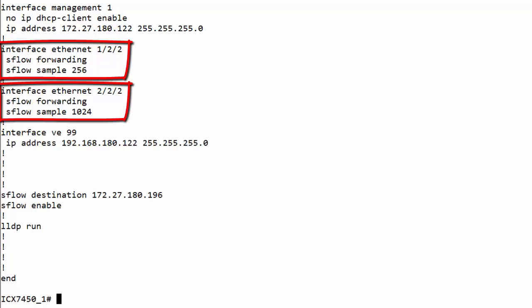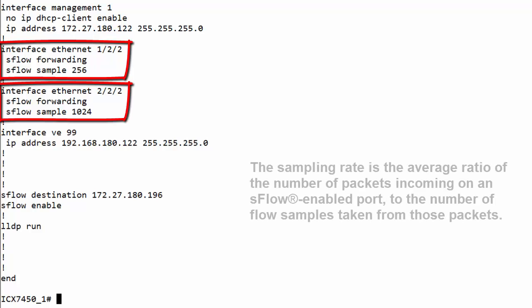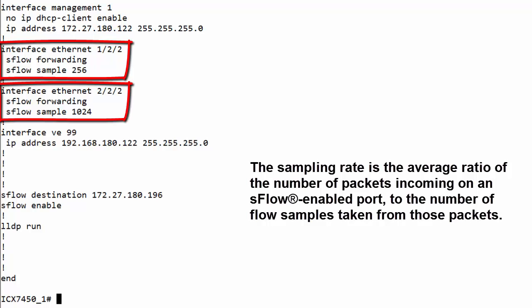And you can also configure different sampling rates for each interface. A sampling rate of 256 means that from every 256 packets, the first bits of the packet itself and an sFlow packet header will be sent to the sFlow collector software.